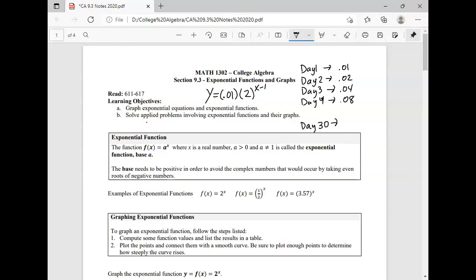So if I want to figure out day 30, what I would do is say 0.01 times 2 to the 30 minus 1. That should give me what I would have in pennies. So let me go to the graphing calculator and let's type this in real quick.